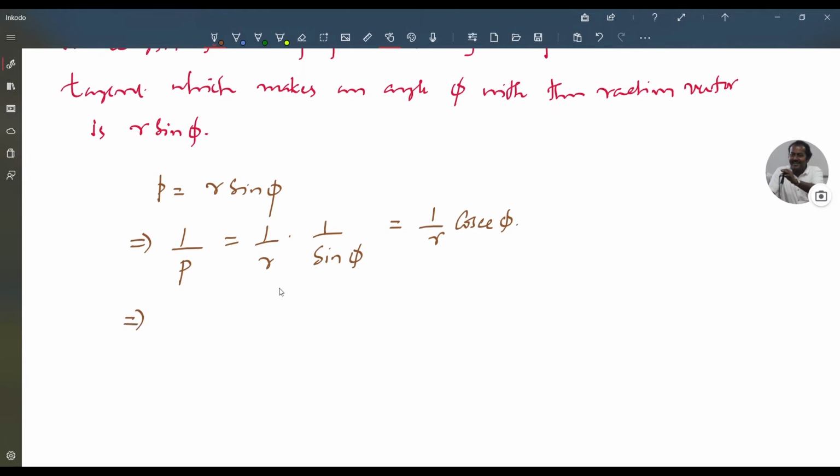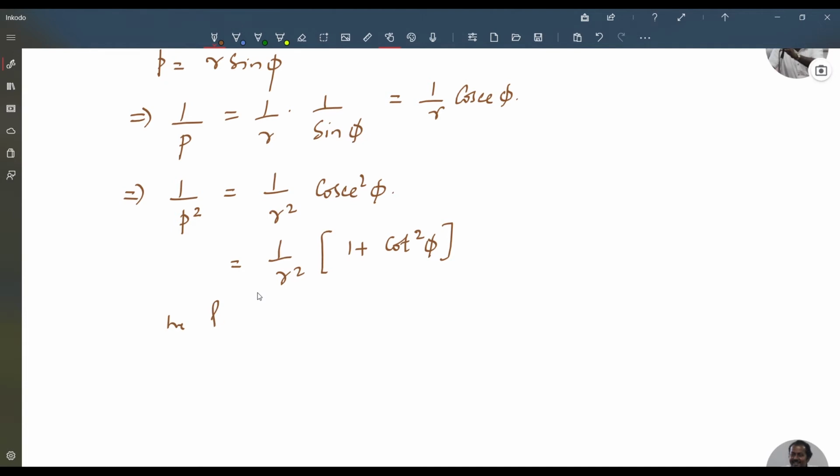So 1 by p square equal to 1 by r square into cosec square phi, and cosec square phi is 1 plus cot square phi. And we know that tan phi is r d theta by dr. Therefore, cot square phi is 1 by r square into dr by d theta the whole square.